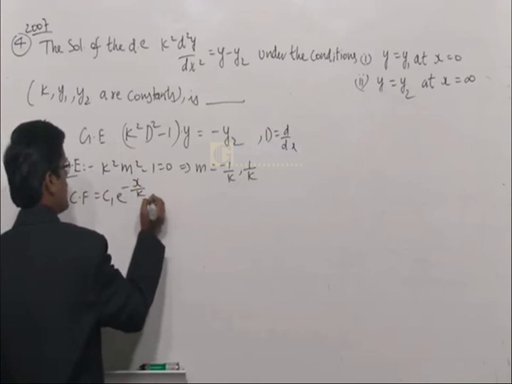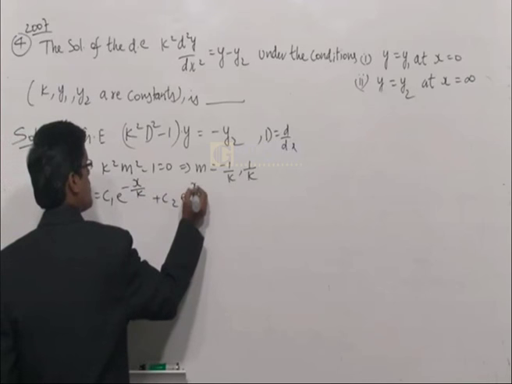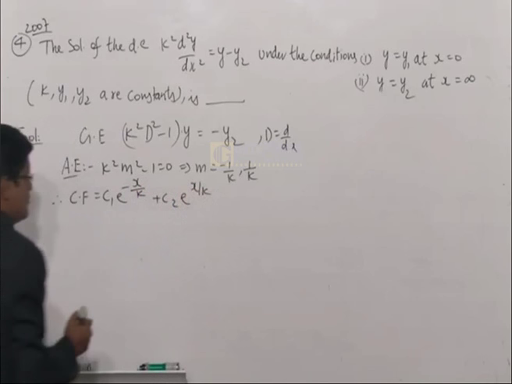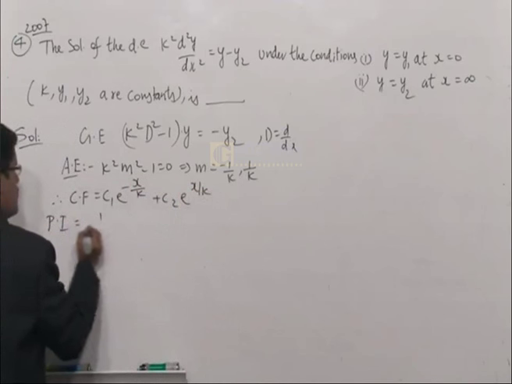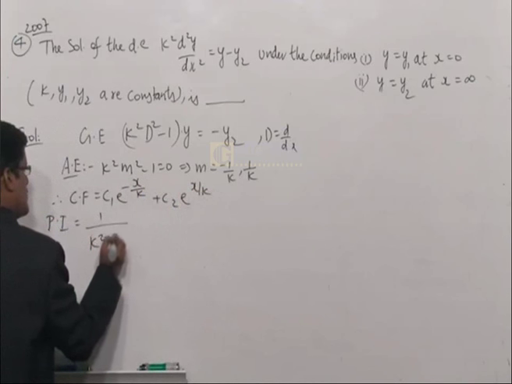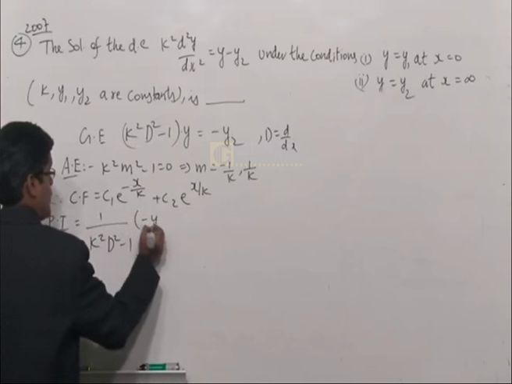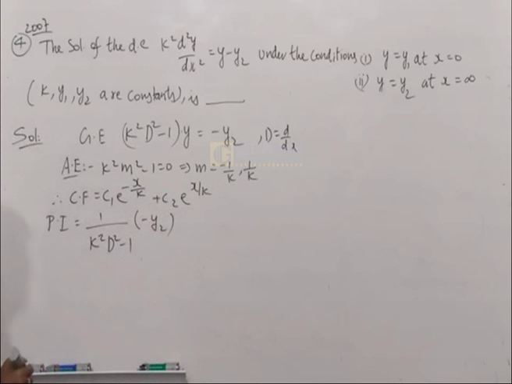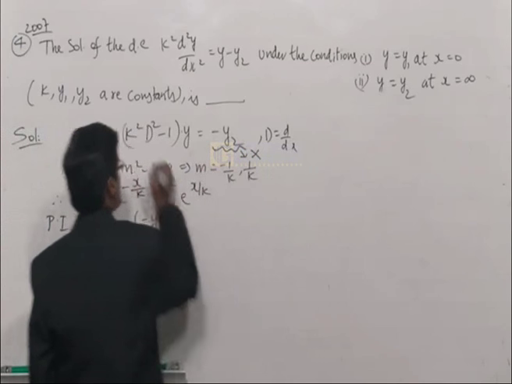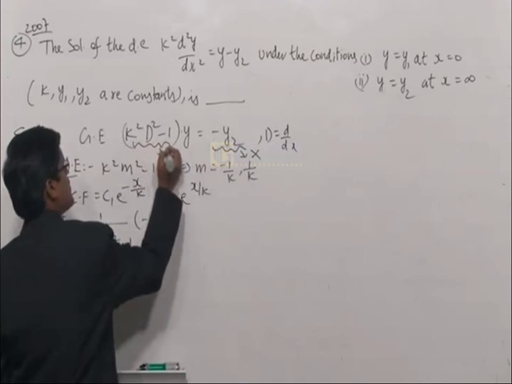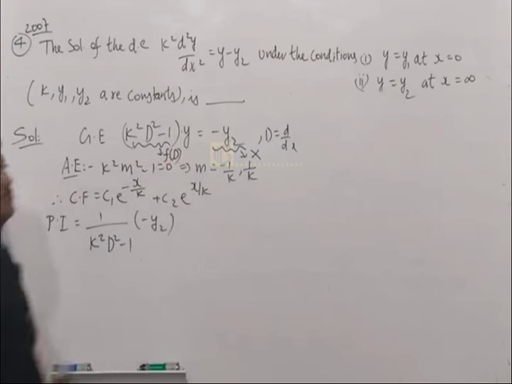So, C1 e power minus x by k plus C2 e power plus x by k. Next, particular integral 1 over k square D square minus 1 into minus y2. So according to the original notation, this is capital X and this is f of D.